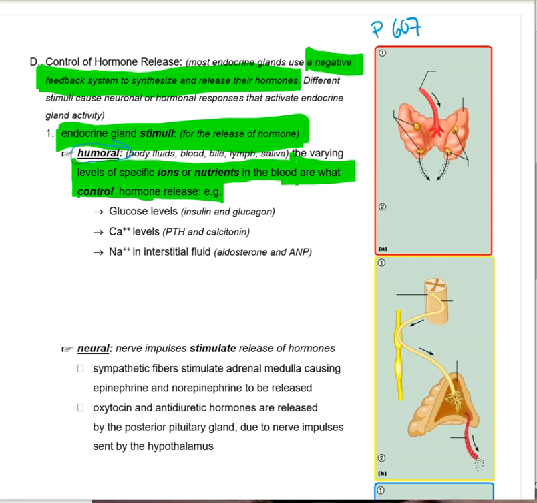Sodium. We know that sodium works with aldosterone and also in opposition ANP. So the amount of sodium in our fluid sometimes determines whether we're going to increase or decrease our blood pressure. So one example of that one is calcium levels, and that's right here.